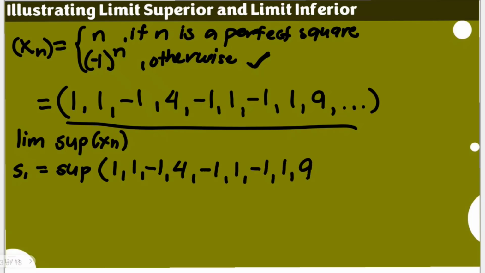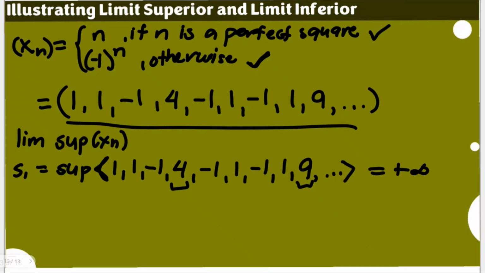I'm writing all to illustrate my answer here. You can use brackets if you would like to. The supremum is the least upper bound. As you can see, we have positive values, and if we continue for n being a perfect square, since natural numbers are infinite, we'll have infinite values for our perfect squares. So that would mean this is positive infinity, because we don't know its exact value. It's very large. That's the supremum of your first.